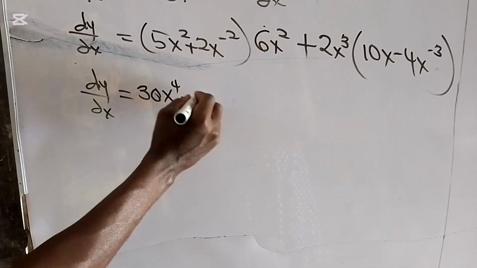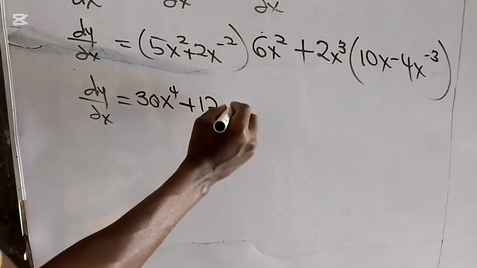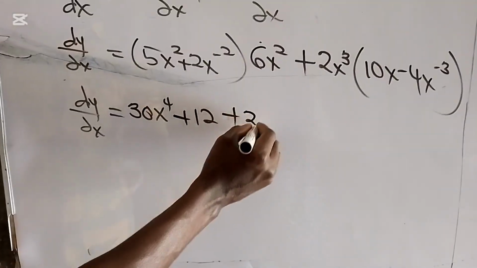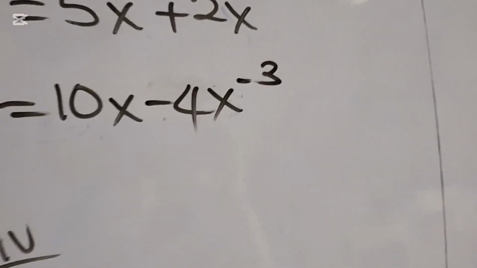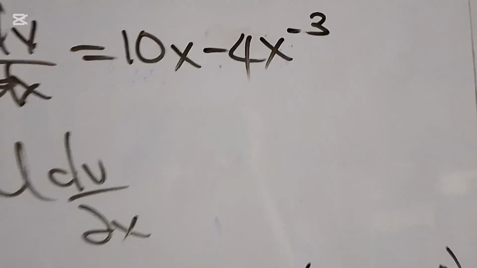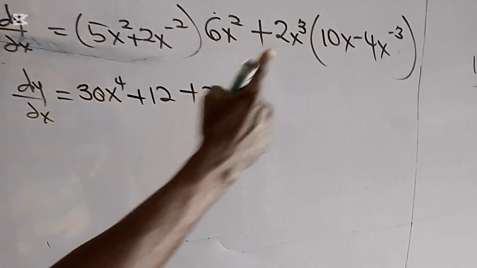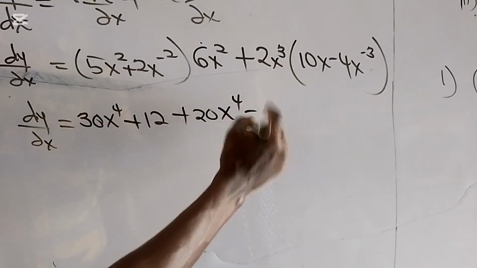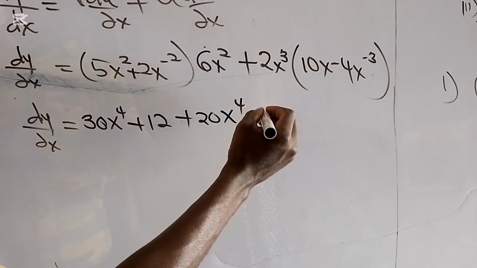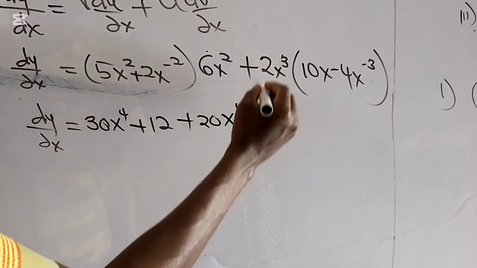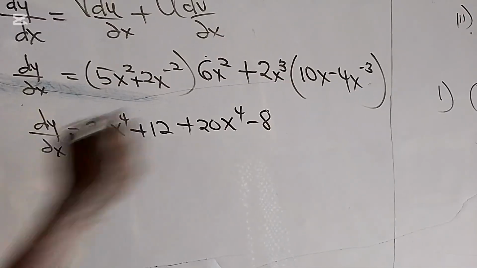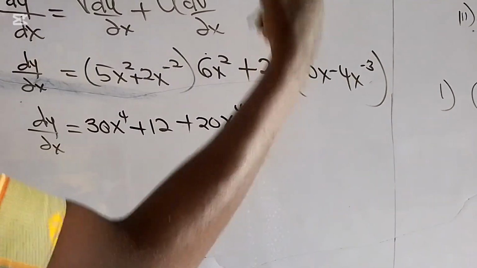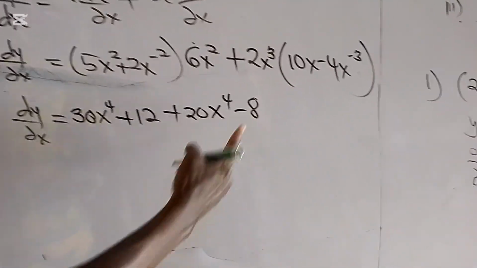So this will give us 12. Then plus 2 will multiply this, we have 20x to the fourth power, minus this will give us 8. Minus 8. But this is positive and this is negative, so it will produce 0. So it is 8.